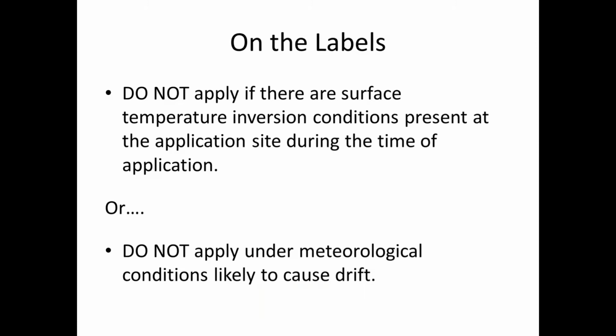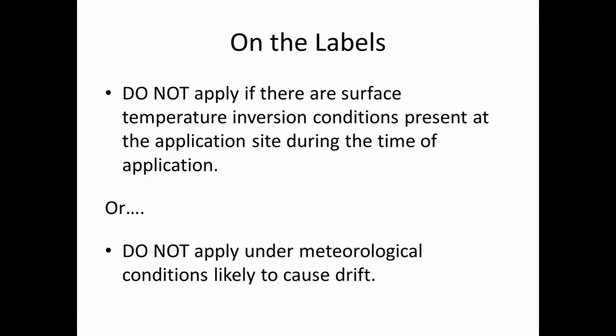On the labels, we've seen for some time a variety of information around climate and weather parameters for application of pesticides, and we commonly see things like do not apply if there's a surface temperature inversion present at the site of application. Other products may say do not apply under meteorological conditions that are likely to cause drift.